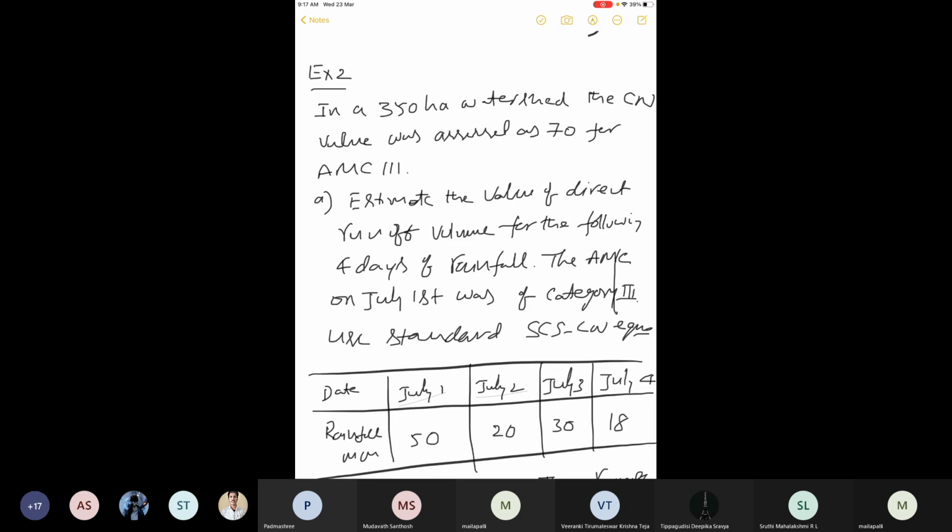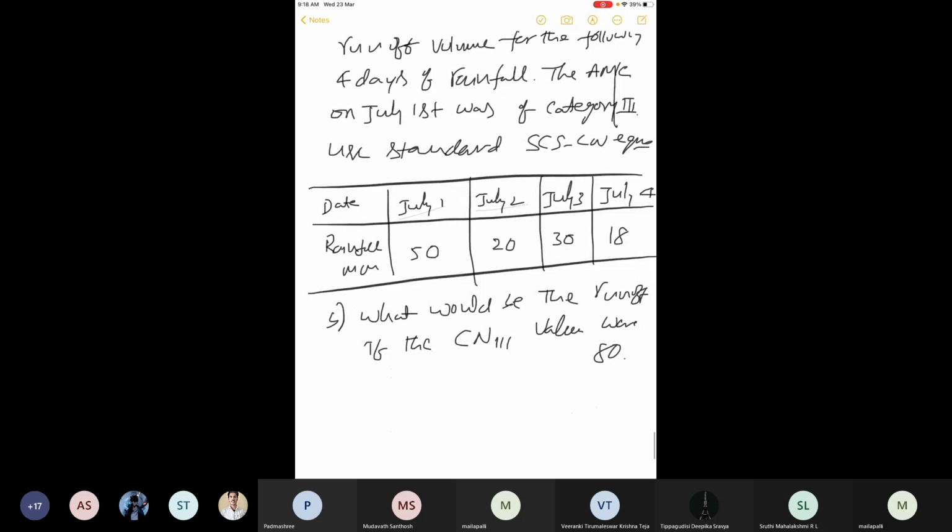The AMC, or antecedent moisture content, on July 1st was of category 3. Use the standard SCS curve number equation. And B, what would be the runoff if the curve number for category 3 is 80? The storm values are given.